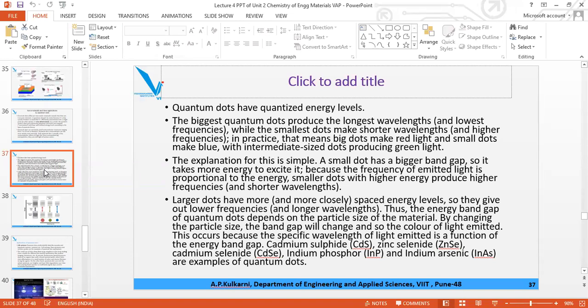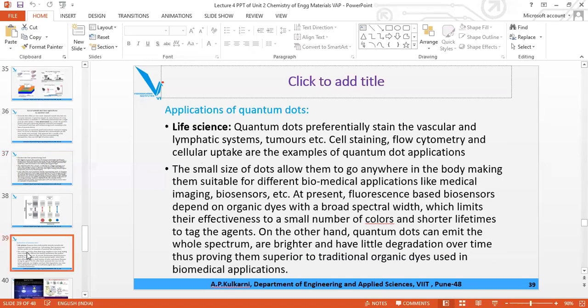So small dot, shorter wavelength; big dot, longer wavelength. If the dot is smallest, the band gap is very big, and for that the highest energy is required, which means higher frequency, which means shorter wavelength. Similar logic you can use for the larger dot.